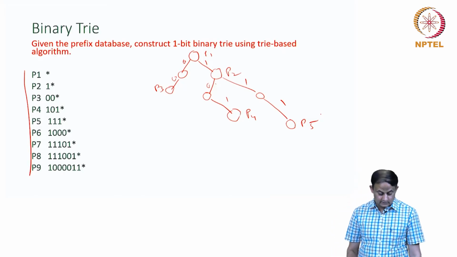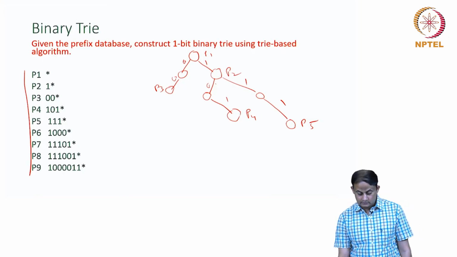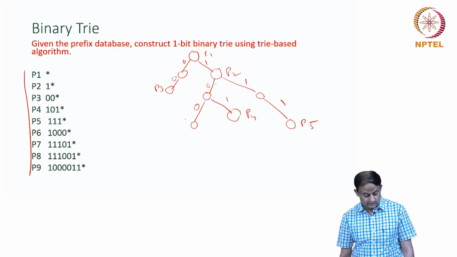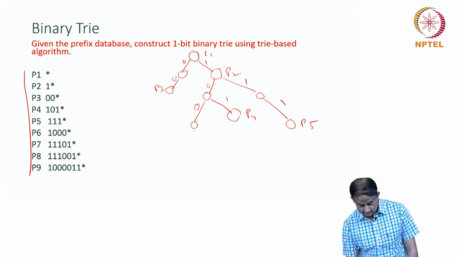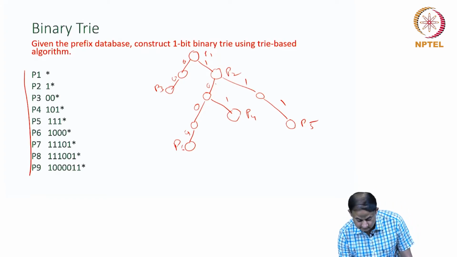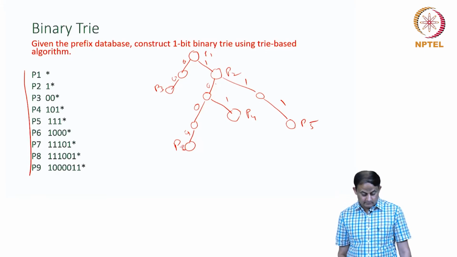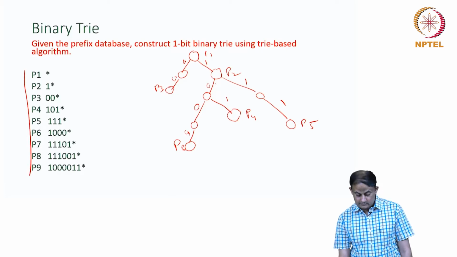P6 is 1 followed by 3 zeros. The 1 followed by 0 is already there, then a second 0 has a node here, and on the third 0 there is a node here. This is my P6. P7 is 111 followed by 0 1.